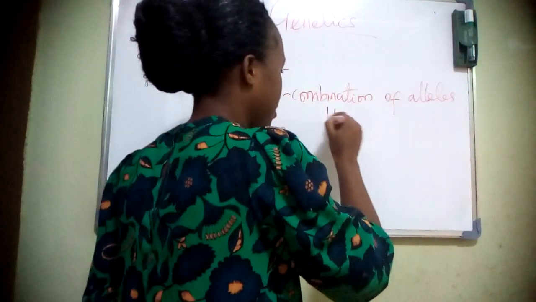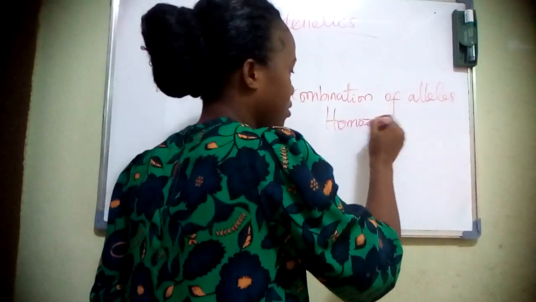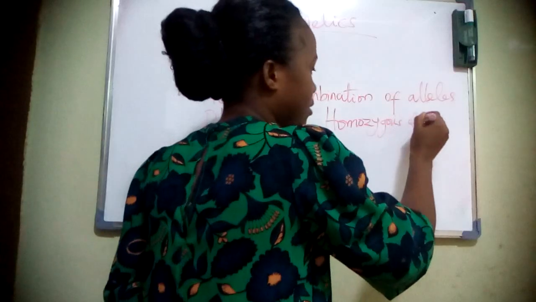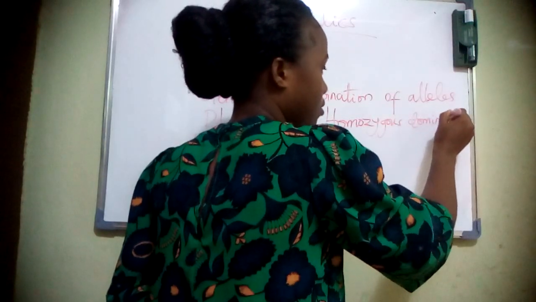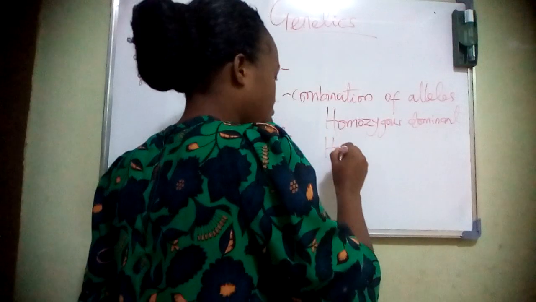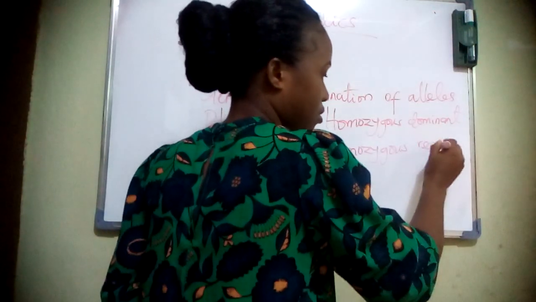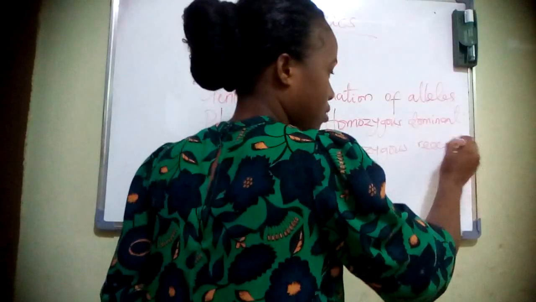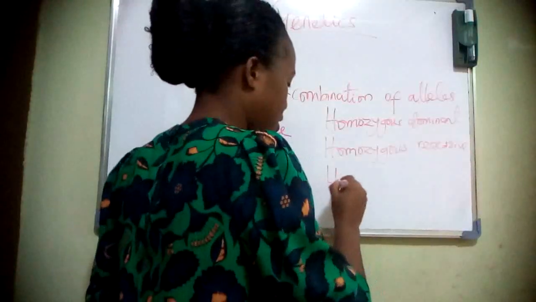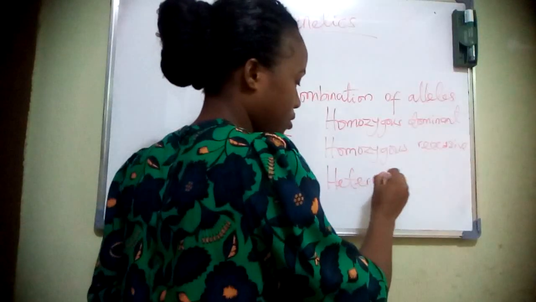For instance, in Mendelian genetics we have three genotypes based on the idea of dominant and recessive alleles, and they are homozygous dominant, homozygous recessive, and heterozygous.